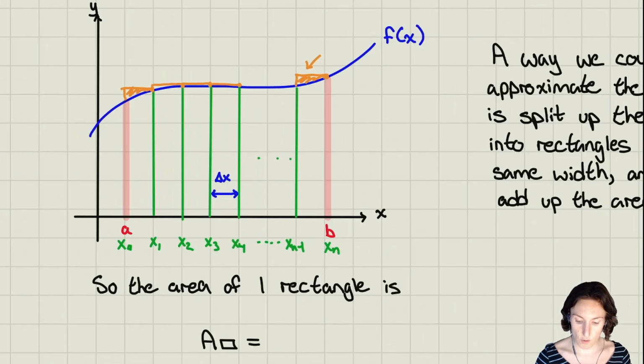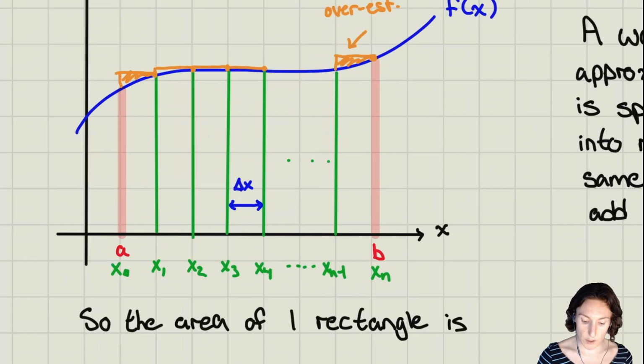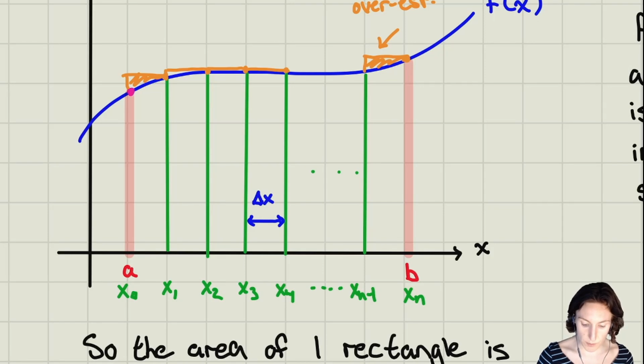So this is overestimating the area. If I instead put my point on the left side and draw like this, like this, like this, and so on, then I'm missing out on all these parts.